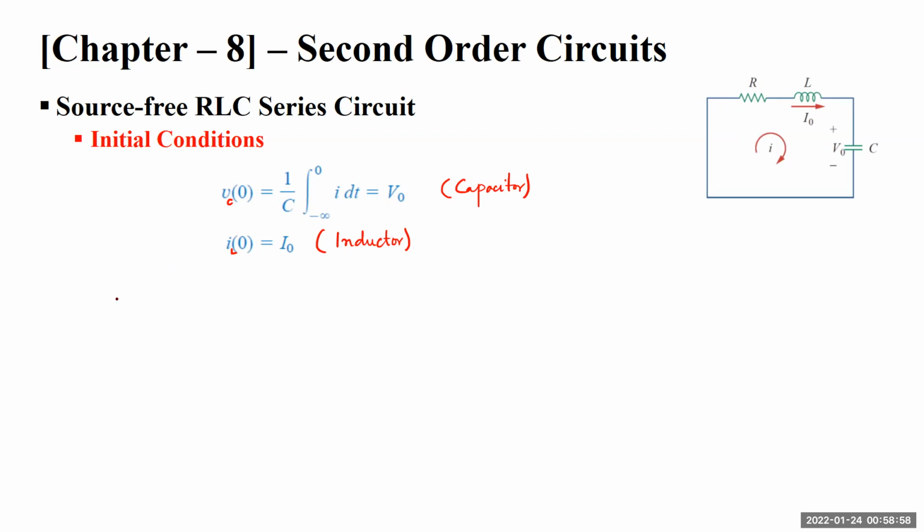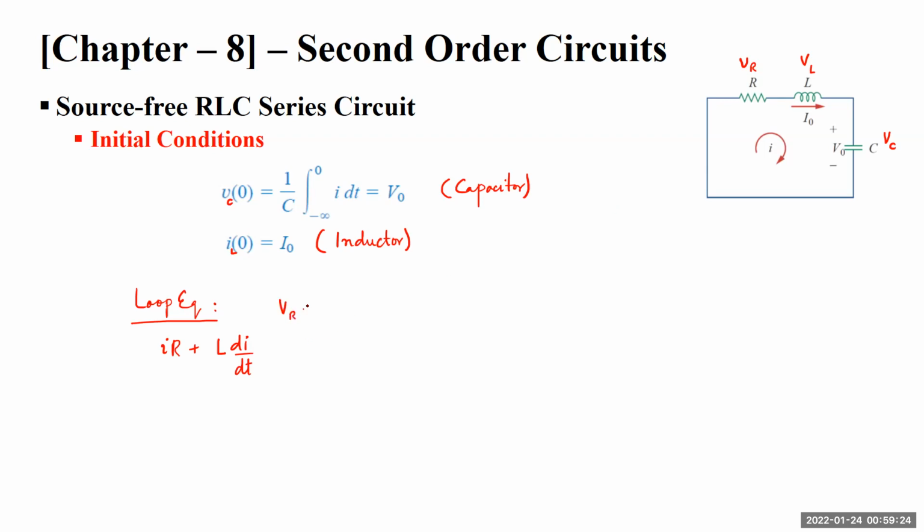So we can simply write the loop equation for I: it becomes I times R plus inductance times di by dt, plus the voltage across the capacitor. Basically we are finding the voltage across the resistor, the voltage across the inductor, and the voltage across the capacitor, and the sum of all these voltages is equal to 0.